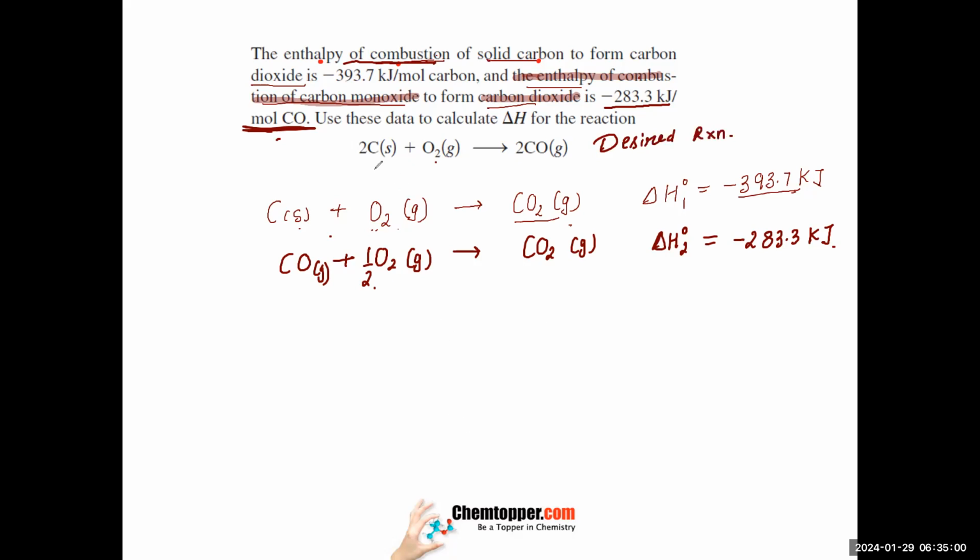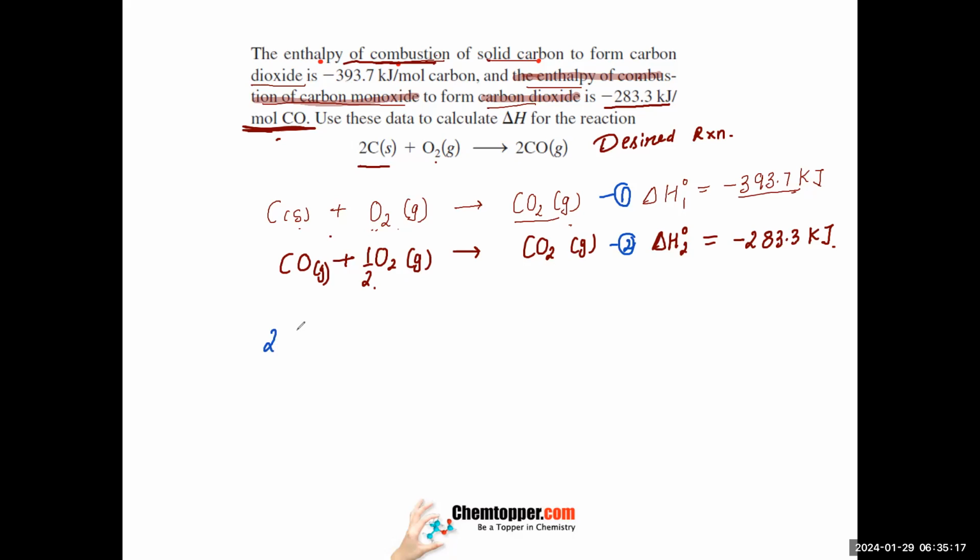What do you want in your desired reaction? 2 carbon solid. So what should you do? Take equation 1, multiplied by 2.